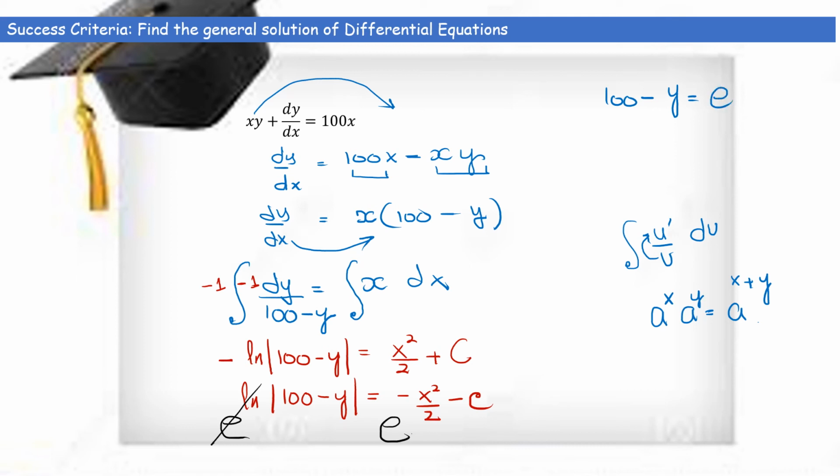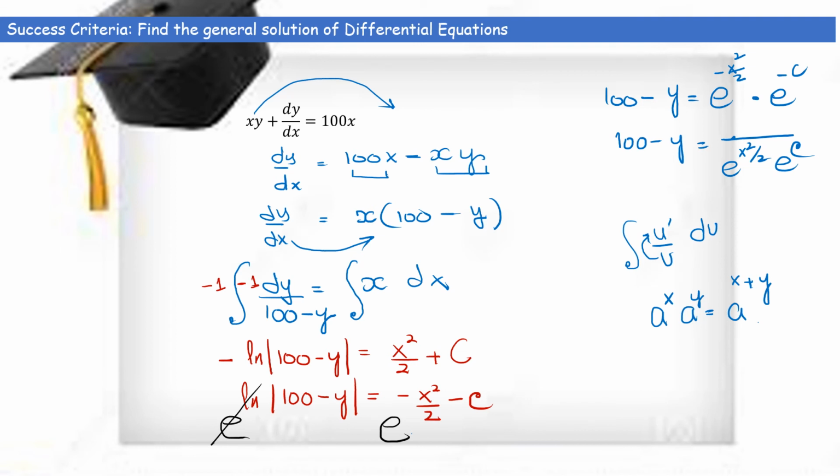I can write it as e to the power minus x square over 2 times e to the power minus c. But I don't want any negative sign. So for that purpose, I will bring both the powers in the denominator to make them positive. So it will be x square over 2 and e to the power c.